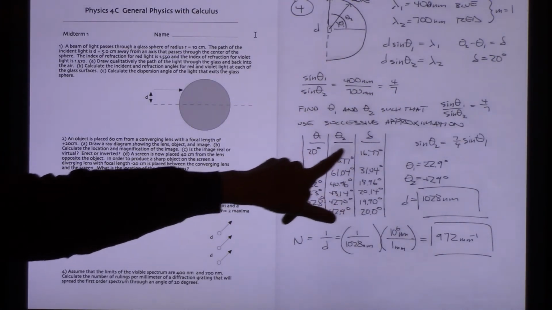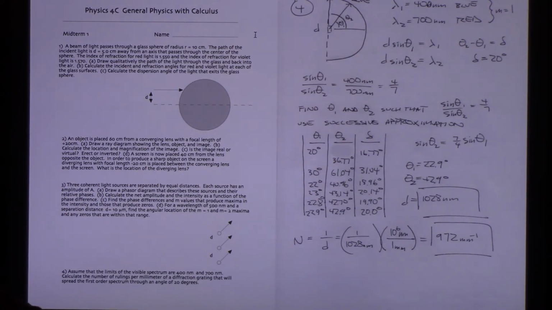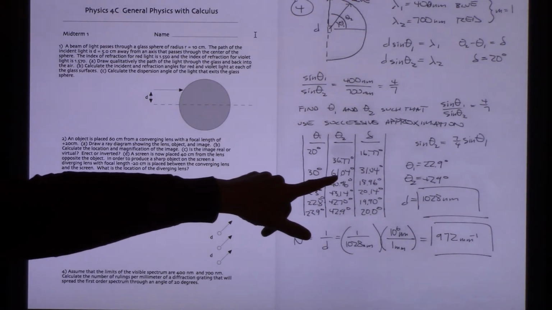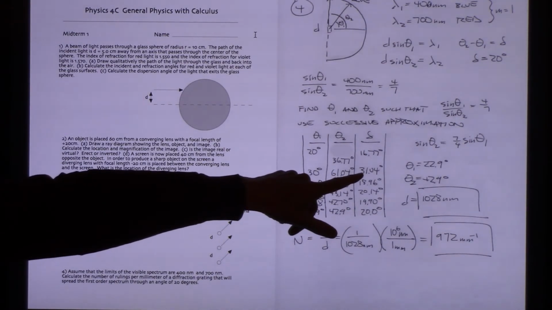And then I said, okay, for those two numbers, what's my delta? And it was 16.77, and I thought, you know, that's actually pretty close. What if I just do a few more lines of guessing? So my next guess was 30 degrees, why not, right? And for this, theta 2 was 61 degrees, and now my delta jumped all the way to 31.